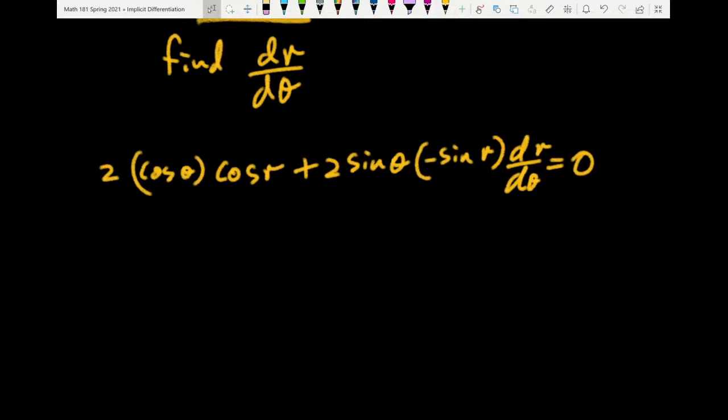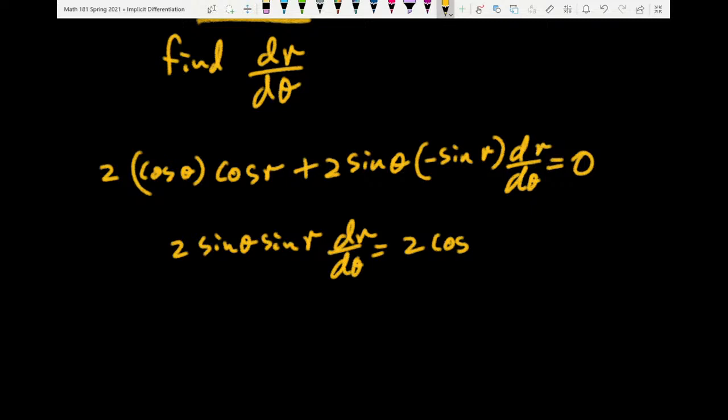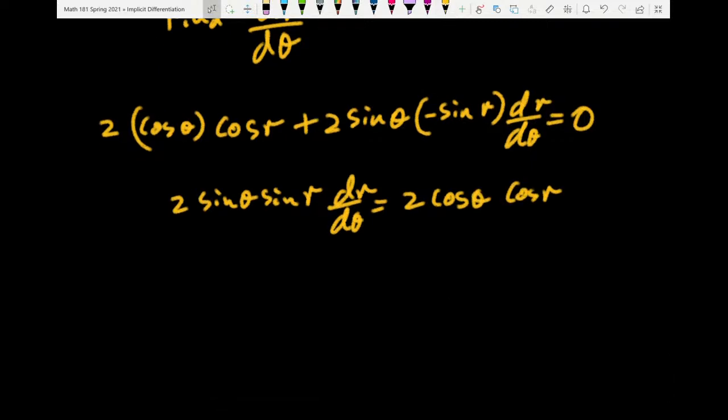So I just get 2 sine of theta sine of r dr/d theta equals 2 cosine of theta cosine of r. Now dr/d theta equals cosine of theta cosine of r over sine of theta sine of r.